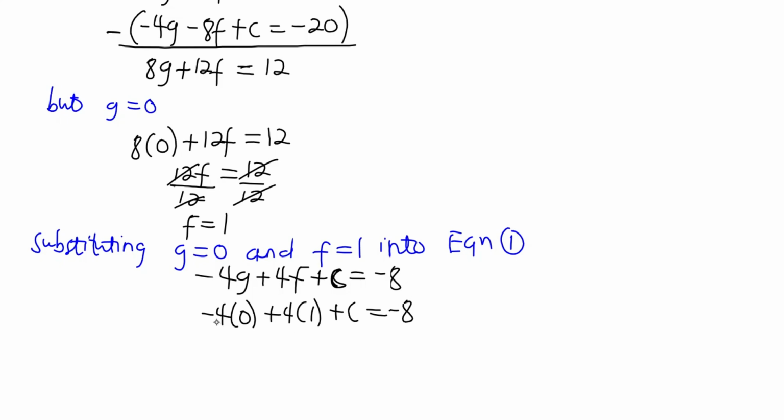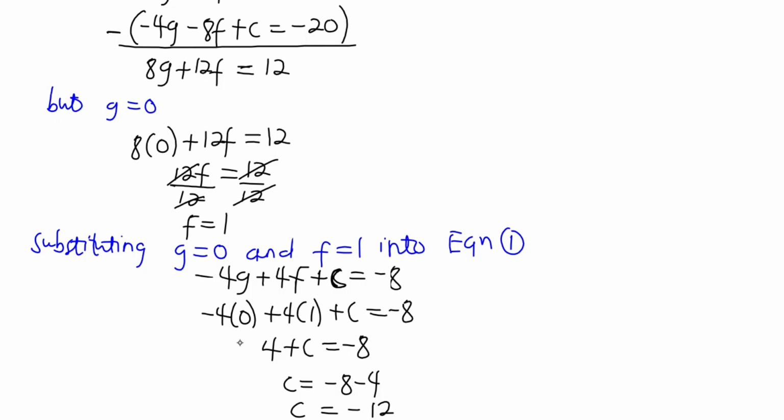Now minus 4 times 0 gives us 0 and 4 times 1 gives us 4. We have our plus C here, minus 8. So once we have this, then C is made the subject by transposing 4 to the right hand side. And here we can see that our C value is equal to negative 12. And this becomes the value of C.